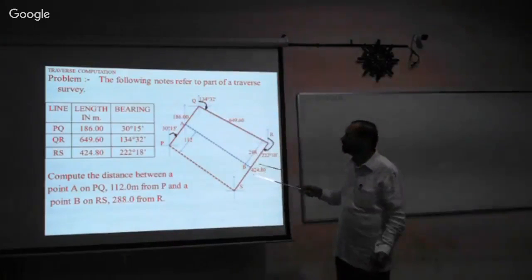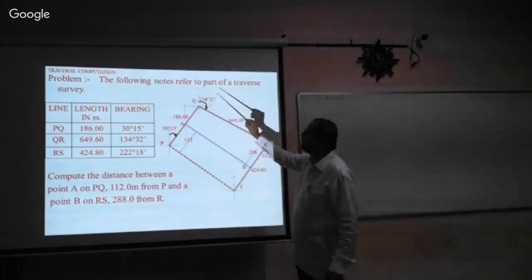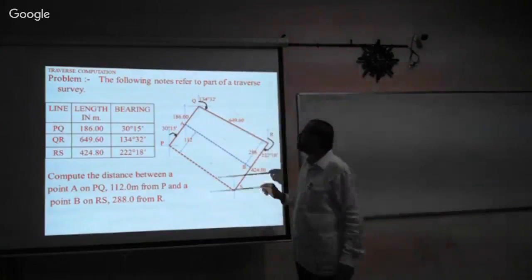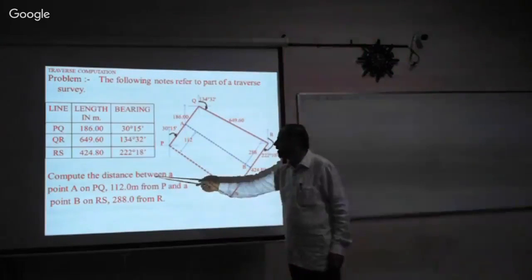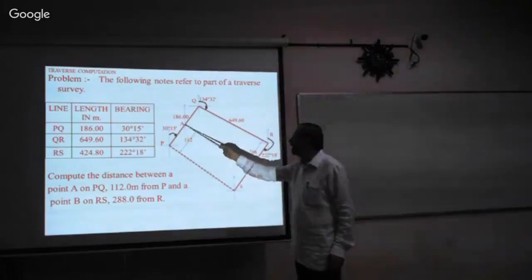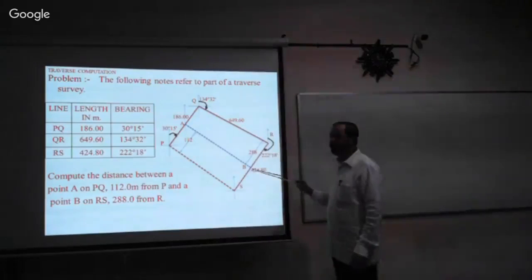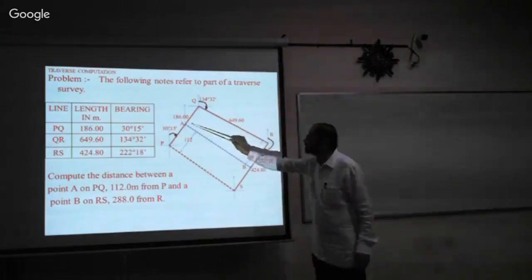Our problem is solved. Compute the distance between A, which is 112 meters from here, and B, which is 288 meters from R. Now this is our traverse.